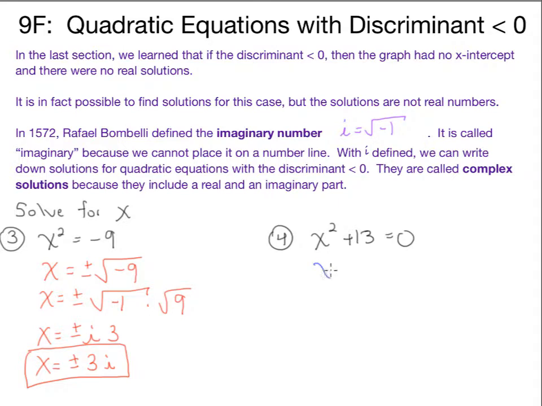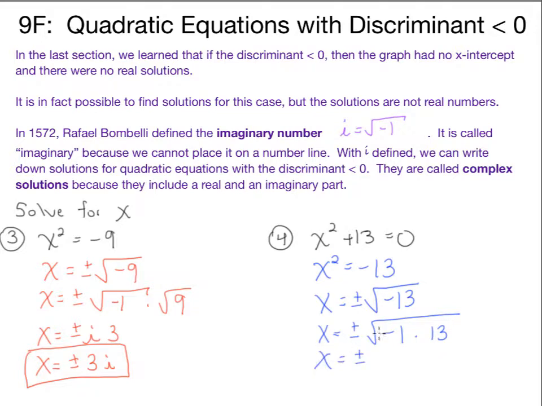In example 4, all we need to do is subtract 13 from each side, and we have it in the form that we can solve for x by taking the square root of each side. And then let's take out the imaginary part. So I have x is equal to plus or minus the square root of -1 times the square root of 13. So x is equal to plus or minus i times the square root of 13.